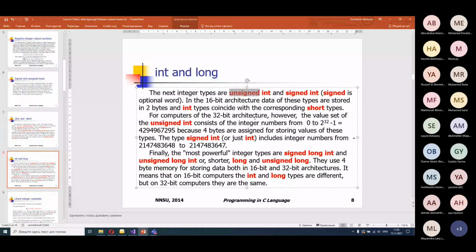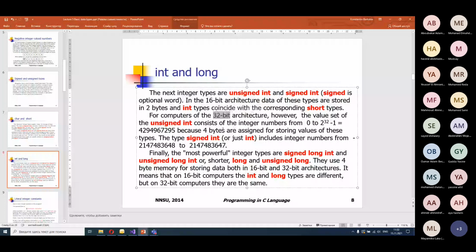And on modern computers with 32-bit or even 64-bit architecture, unsigned int has a range from 0 up to 2 power 32 minus 1.